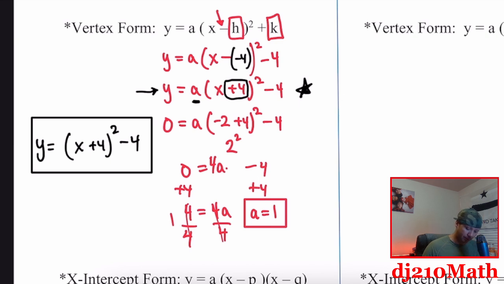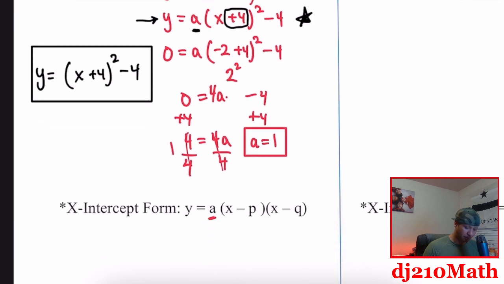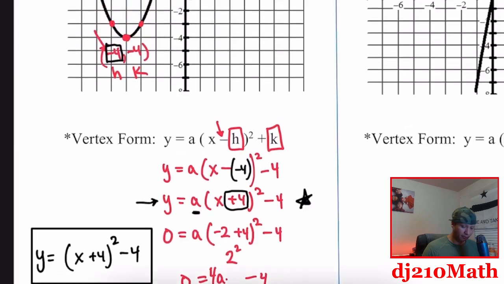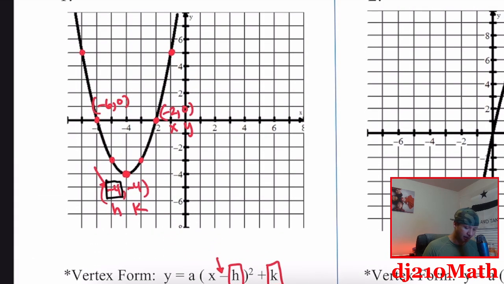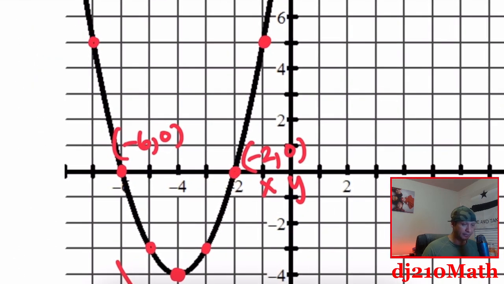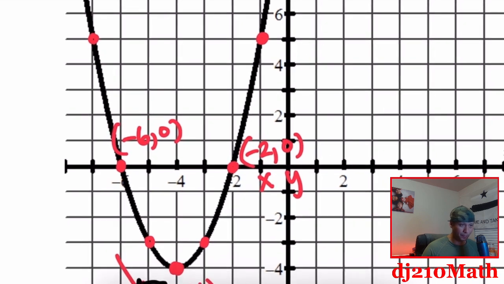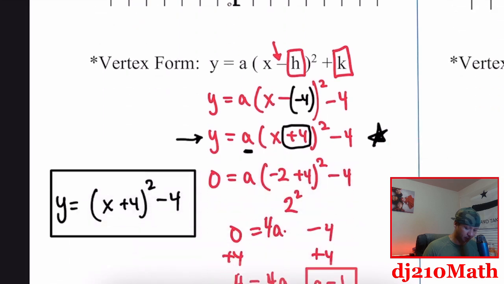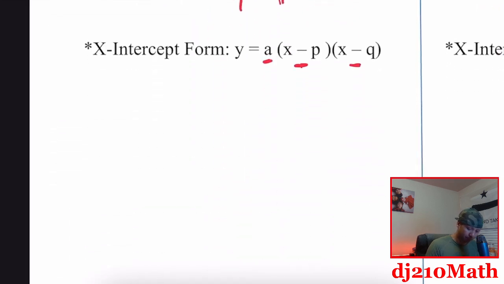All right, x-intercept form, the next form, we have to identify the x-intercept. So where does the graph cross the x-axis? And it crosses at -6 and -2. So x equals -6, and then x equals -2.